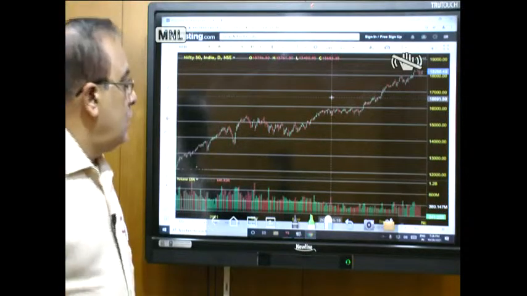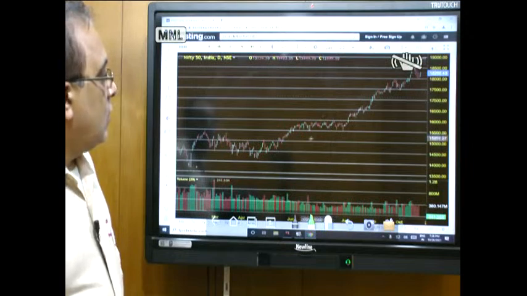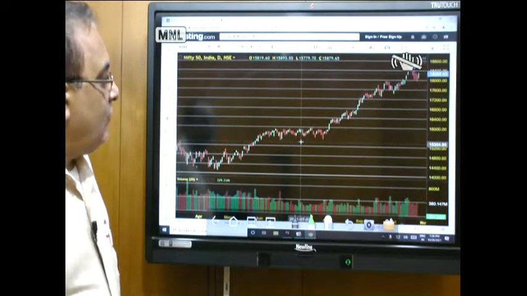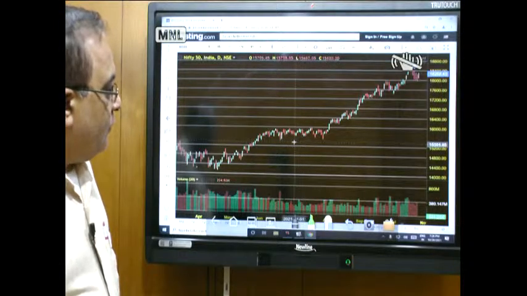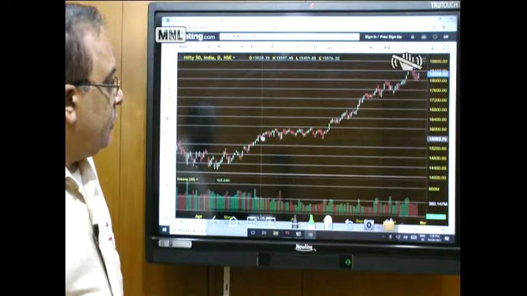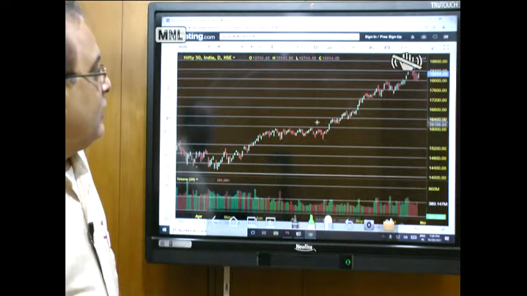Now we have seen where the gaps sustain. We will look at the places where the gaps don't sustain. So let us say this particular day. I'll try to expand this for you.